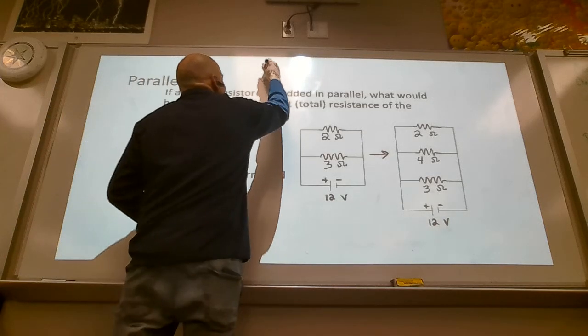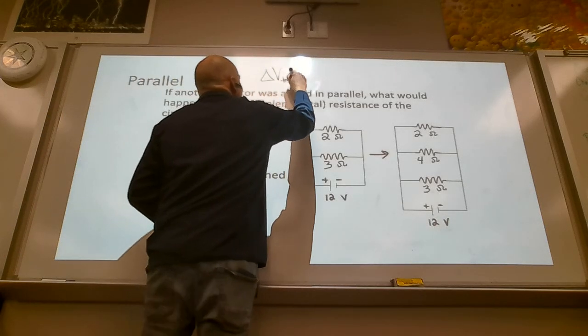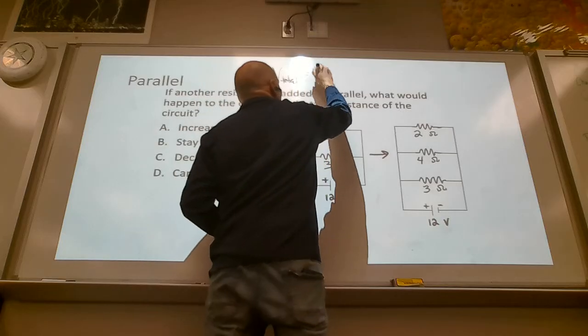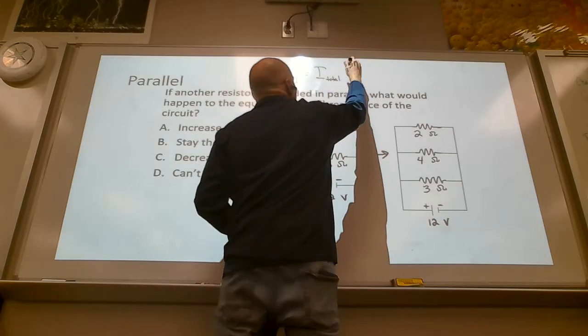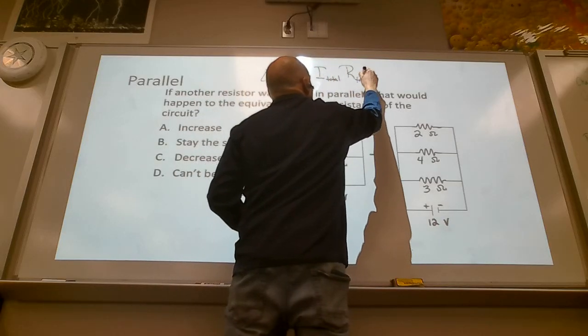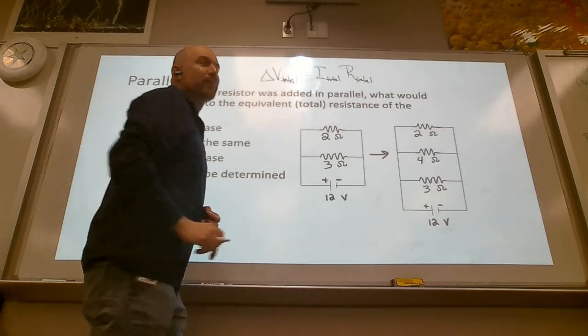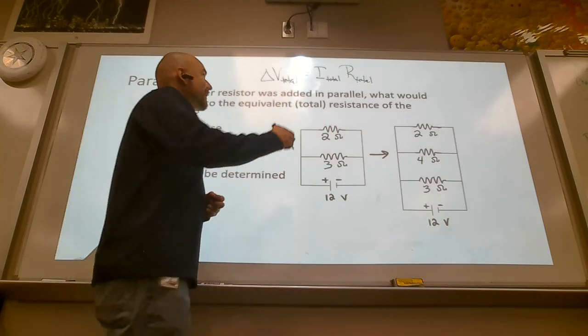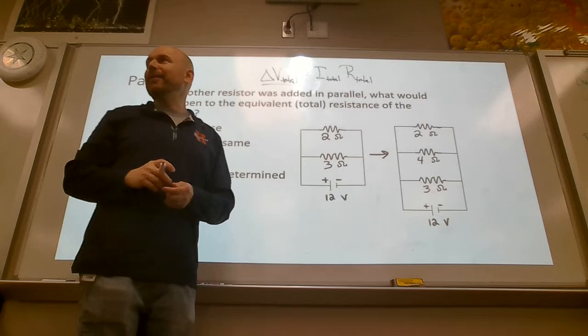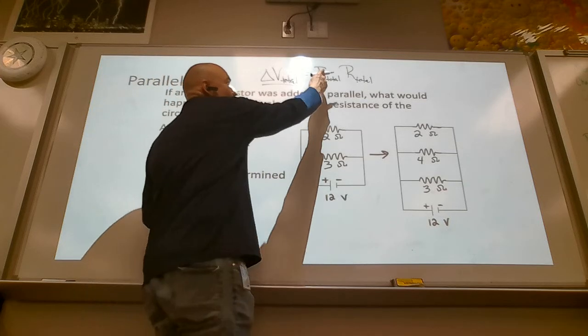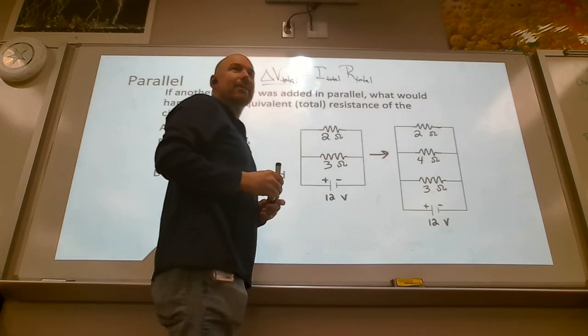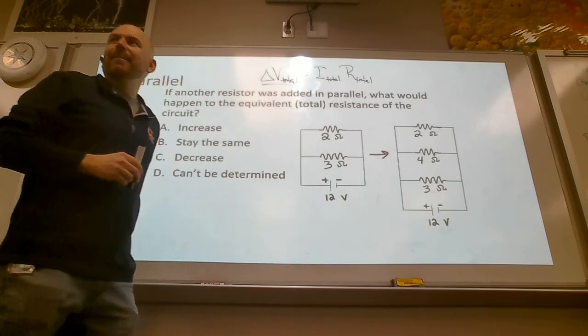Let's look at Ohm's law and look at the totals. That's what I'm asking for, yes? What happened to the total voltage? It stayed the same, still connected to the same battery. What happened to the total current when I added a resistor in parallel?